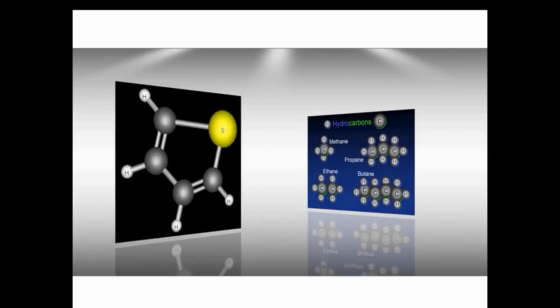Non-hydrocarbons in transformer oil are naphthenic acids, esters, alcohols, as well as sulfur and nitrogen-containing organic compounds.